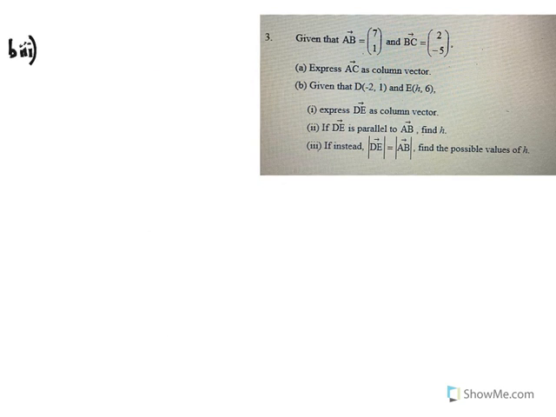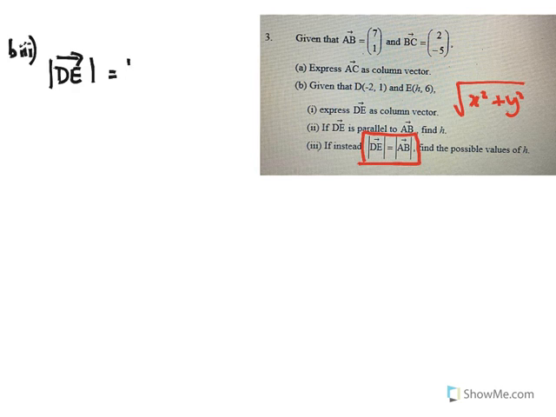Alright, for part 3, you need to take note that they tell you instead they want to use the magnitude. They want to use the magnitude of DE equals the magnitude of AB. So if this is the case, you know that for magnitude you need to use the correct formula. You have to use your Pythagoras formula, which is x squared plus y squared and square root it. So in this scenario, you just copy down the question. You got DE.